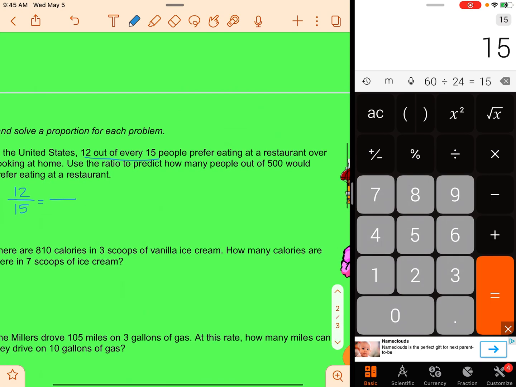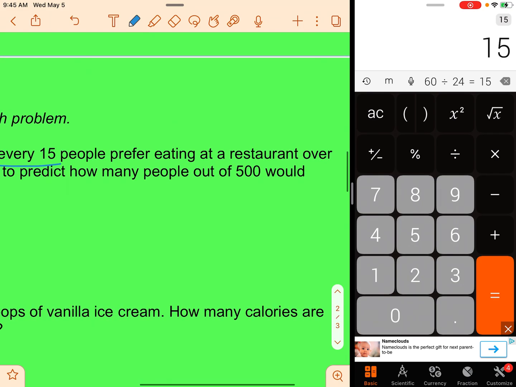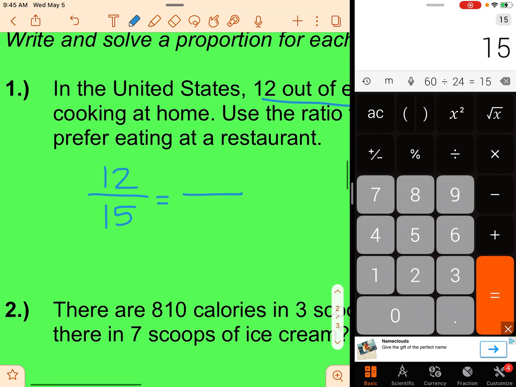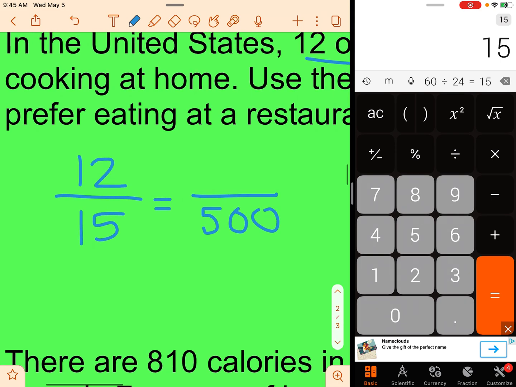When it says out of 500, is that the top number or the bottom number? That's the bottom number because that's our total. We want to know how many people out of 500 would rather eat at a restaurant, so our top number is X.